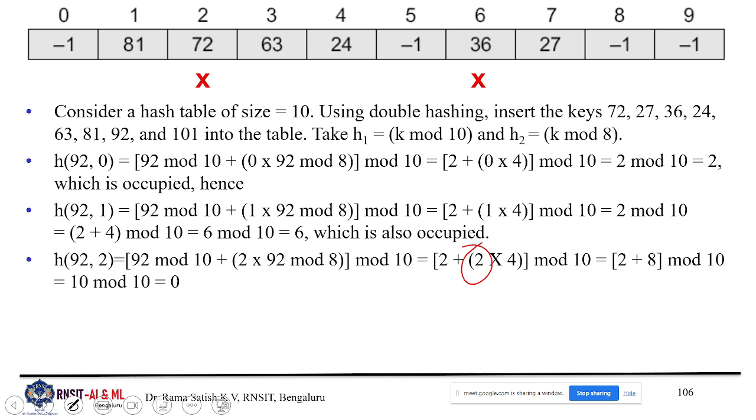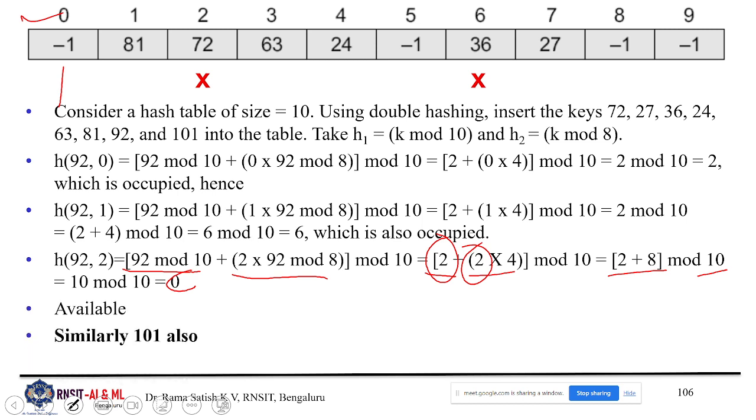You do the same thing: 92 mod 10, plus 2 into 92 mod 8. 92 mod 10 is 2, and 92 mod 8 is 4. 2 into 4 is 8. 8 plus 2 is 10. So 10 mod 10 is equal to 0. So the 0th location is available, and 92 gets stored in position 0.